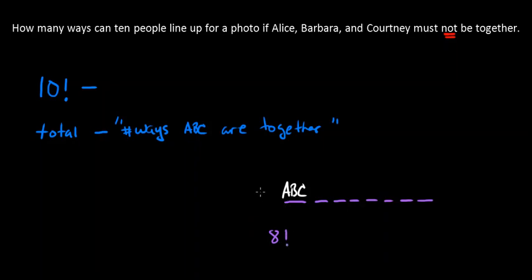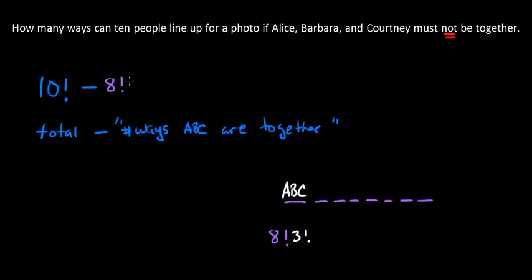And the total number of ways of arranging these 8 things, of course, is 8 factorial. And don't forget to multiply by 3 factorial, which is the number of ways we can cycle through A, B, and C, whether A, B, and C is in the first position here, 2nd, 3rd, 4th, 5th, 6th, 7th, or 8th.